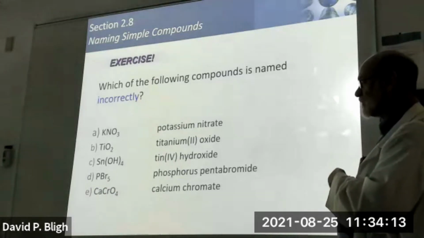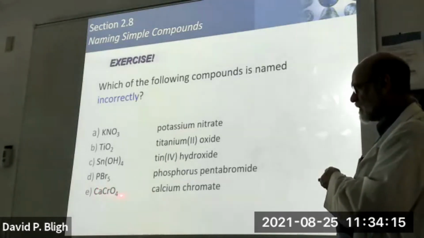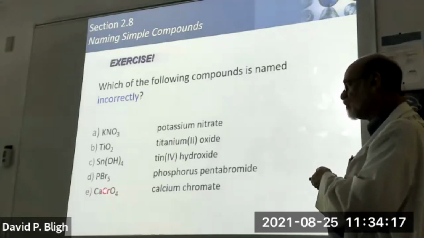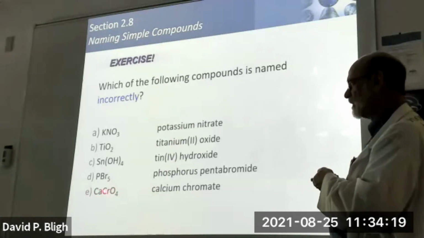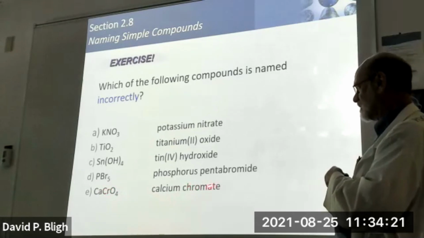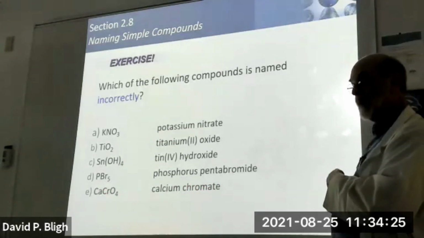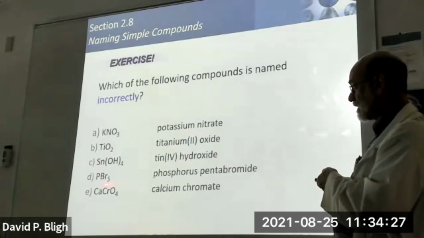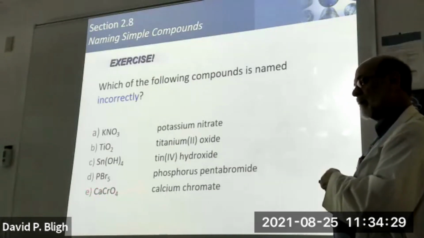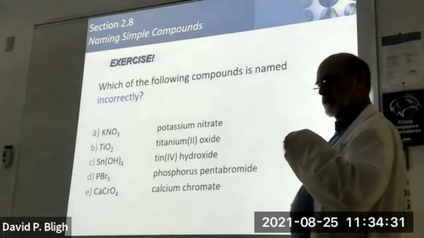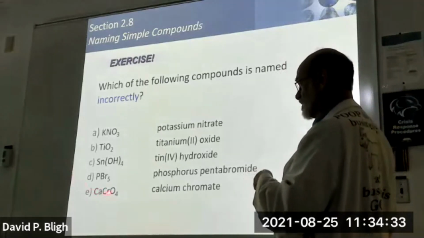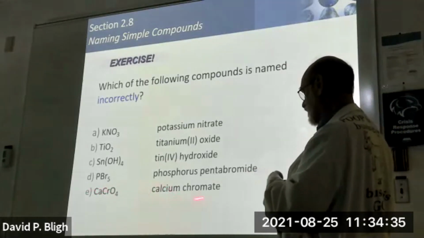It's not definitive, but it's a clue. So you say, okay, CrO4, that's probably a polyatomic, so I'll look it up. And it turns out to be chromate. Now, what's the charge on it? Well, chromate charge is 2-. And calcium is an alkaline earth, which is 2+. Both of them together, you only need 1 of each. So that's correct, calcium chromate.